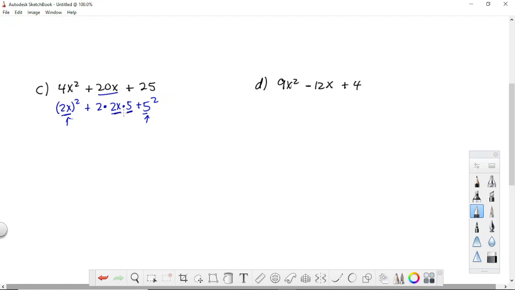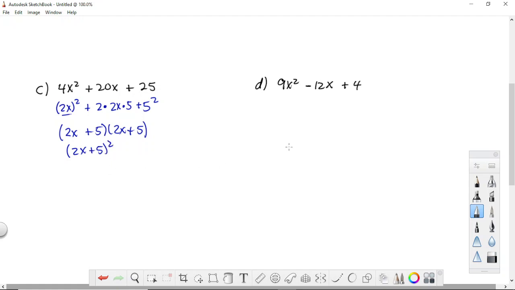So 2x times 5 is 10x, times 2 is 20x. So this one does fit the form, and since it does, we factor it very easily. It's this 2x, and then we could put the 2x both places, and then it's plus 5 and plus 5 again. It's not the plus or minus thing, it's just plus 5 in both binomials, and we could write that as 2x plus 5 quantity squared.